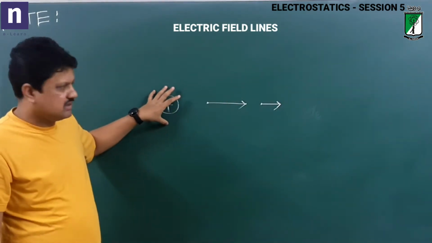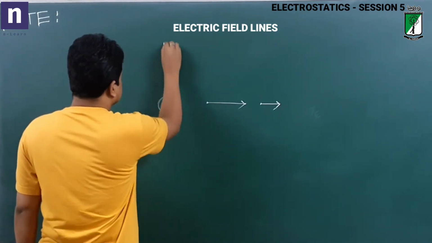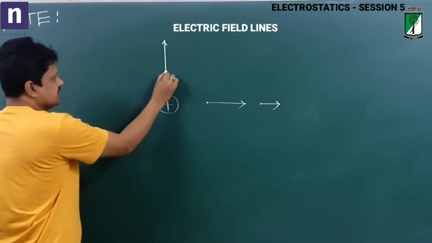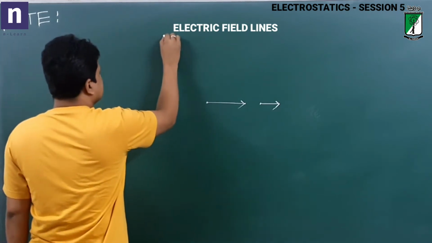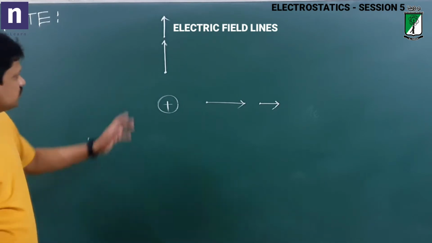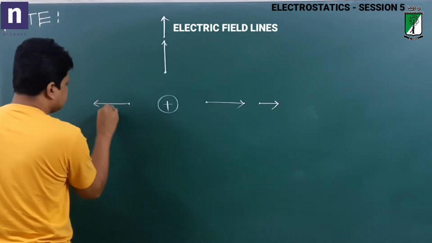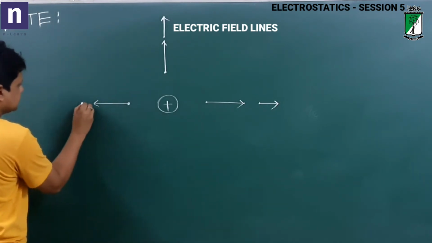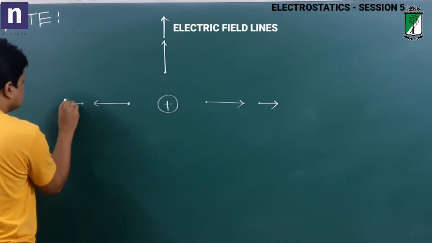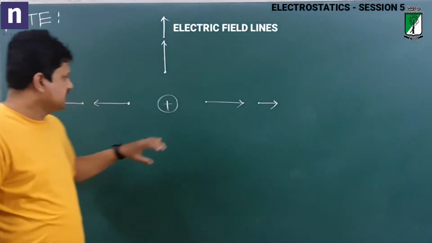So strength of the field goes on reducing as you go away from the given charge. You know that. In this manner, if I place a test charge somewhere here, of course the force will be in this direction. Now if I place a test charge somewhere here, in that direction, but of course the magnitude is going on decreasing. As you go away and away, the magnitude of the force or field decreases, whereas as you come close and close, the magnitude increases.